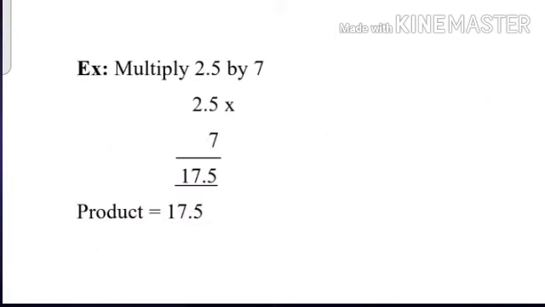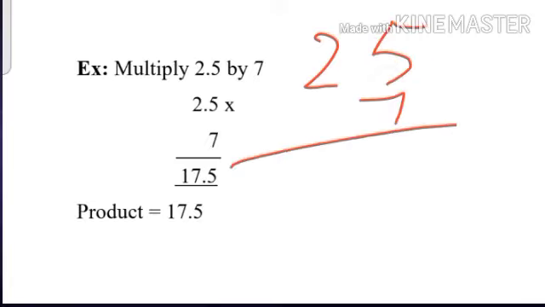Now we are going to learn the next one, how to multiply the decimal numbers. How to multiply the decimal number by the whole number. In this example, 2.5 is a decimal number by 7. 7 is a whole number. Here we don't have any decimal point, isn't it? So when you are multiplying, you need not consider the decimal point.